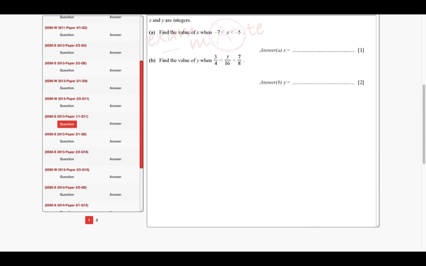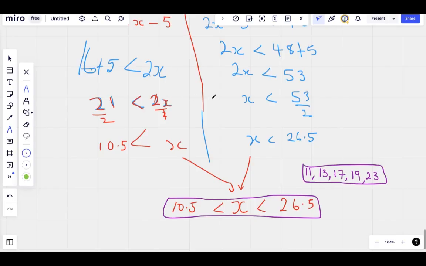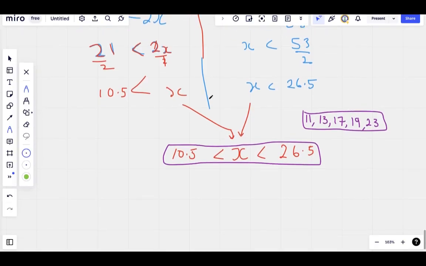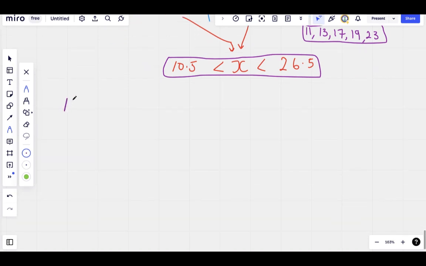Are you with me? Well, let me show it. Question number 16. X is less than negative 5. In inequality, we read to the right before we read to the left, and then greater than negative 7.